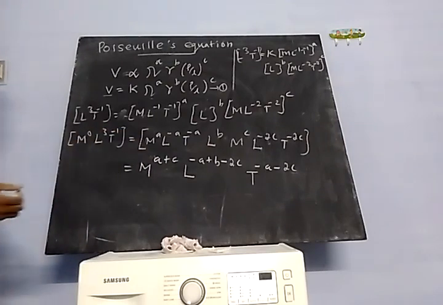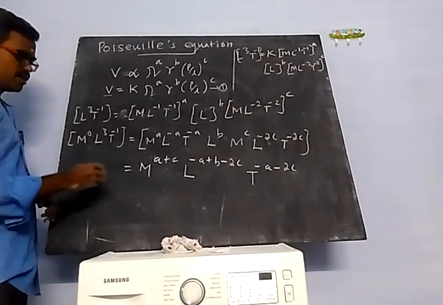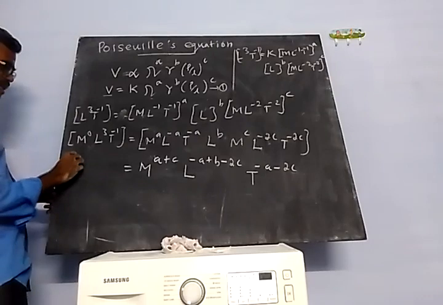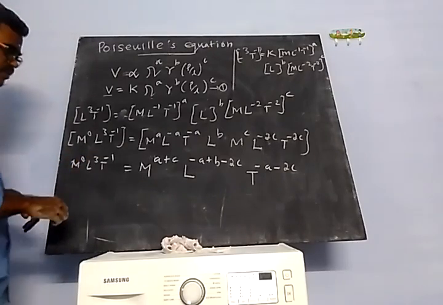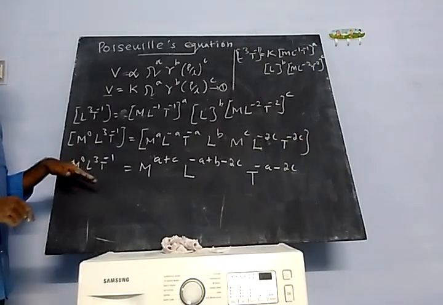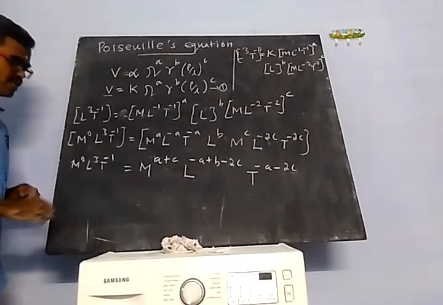On the left hand side, we have M power 0, L cubed and T power minus 1. On both sides, when the bases are equal, the powers are also equal.